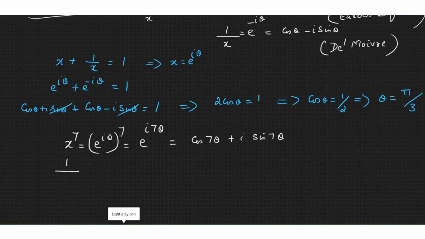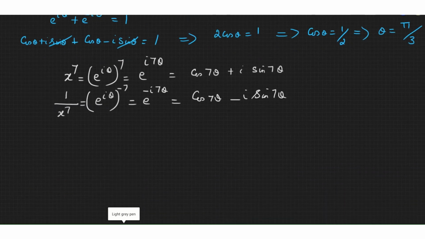The same way, 1 over x to the 7 will be e raised to i theta whole raised to negative 7, which is e raised to negative i 7 theta, or using De Moivre, this is cosine 7 theta minus i sine 7 theta.